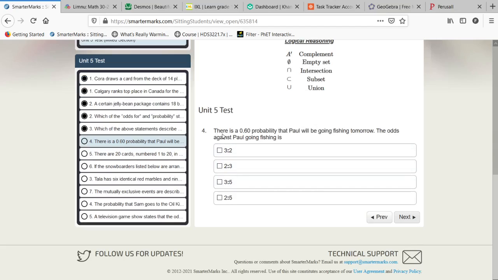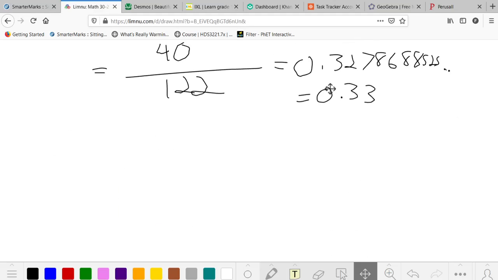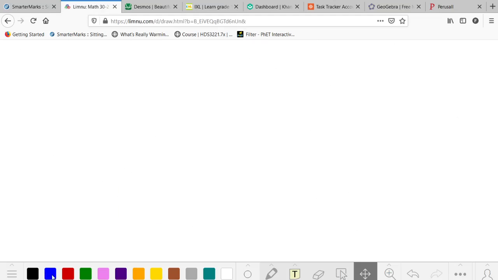So here, there is a 0.60 probability that Paul will be going fishing tomorrow. The odds against Paul going fishing is... So we know the probability is 0.6.